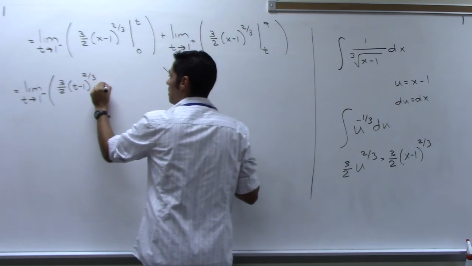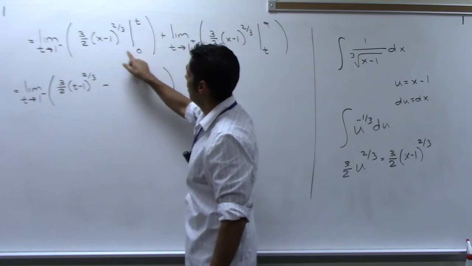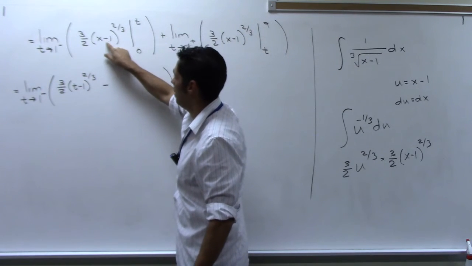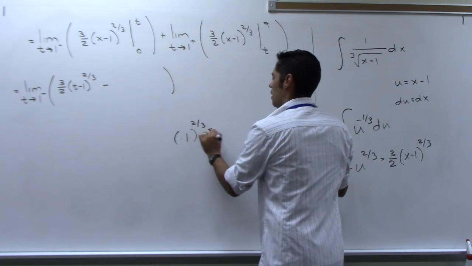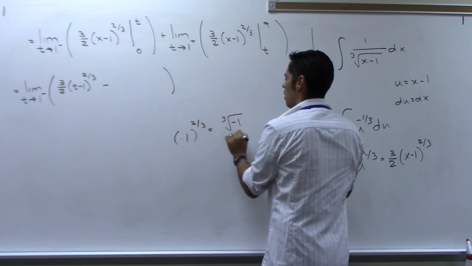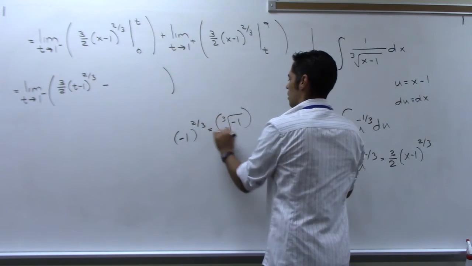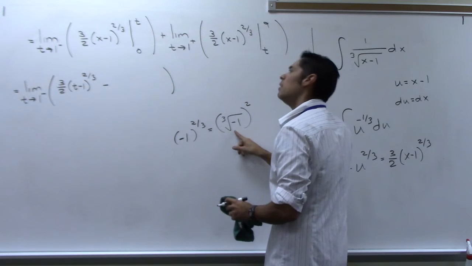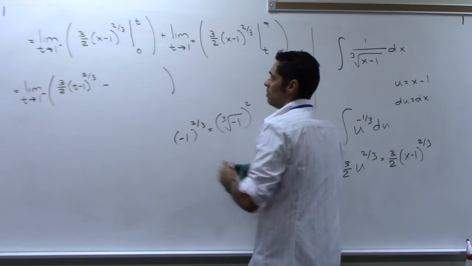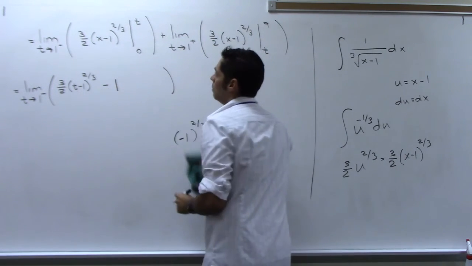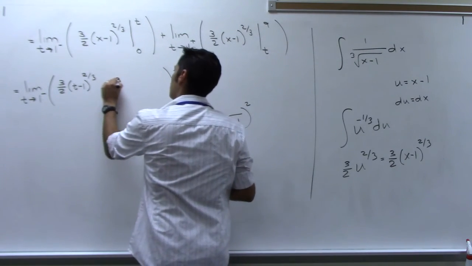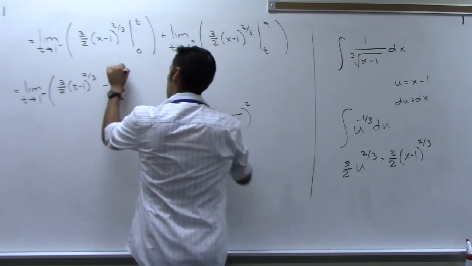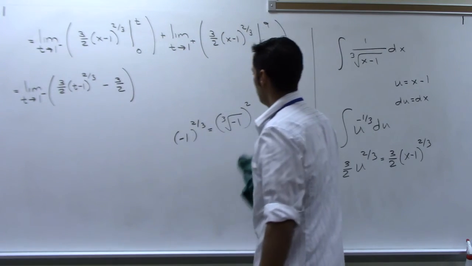So that was the first piece, minus when I plug in 0, I get negative 1 here. Negative 1 to the 2/3 is the same as the cube root of negative 1 squared. Cube root of negative 1 is negative 1, but then squared I get 1. So that's going to give me a 1 there. And then I had a 3/2 in front. So 3/2.